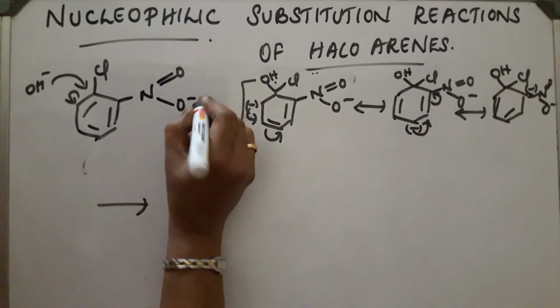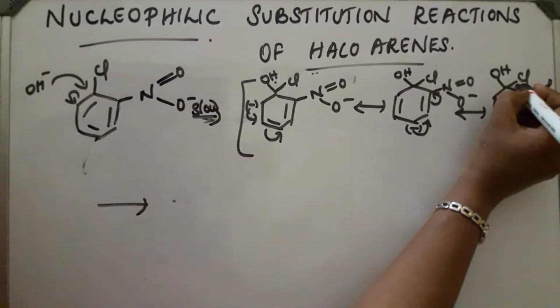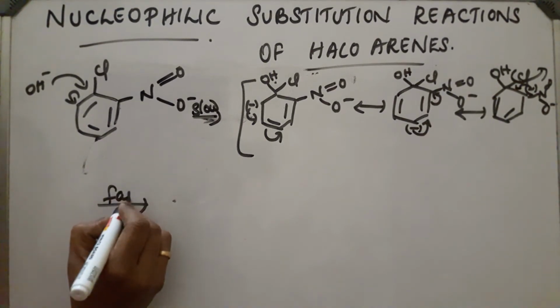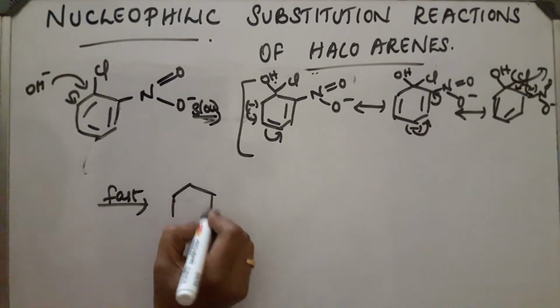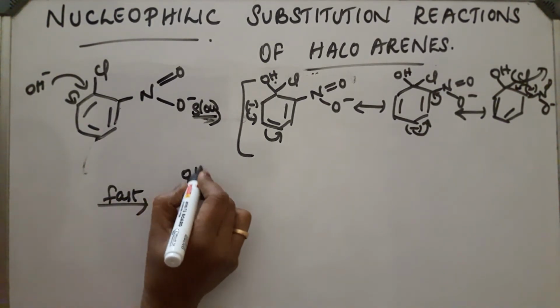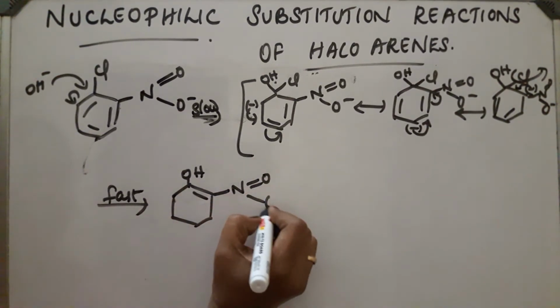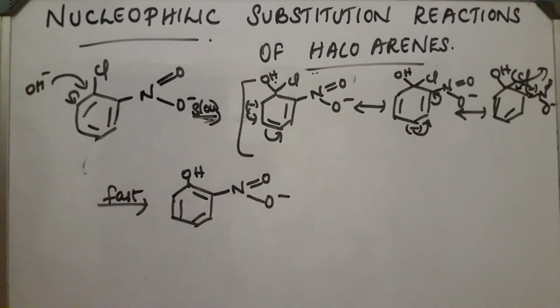The next step shifts here and chlorine will move away from here. This is the fastest step. So these are the different resonating structures if NO2 comes in the ortho position of a chlorobenzene.